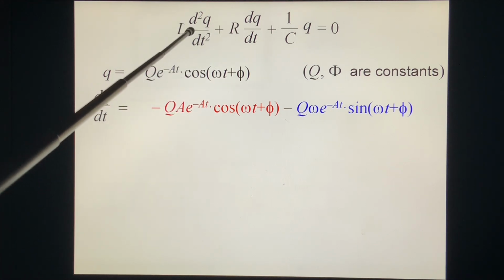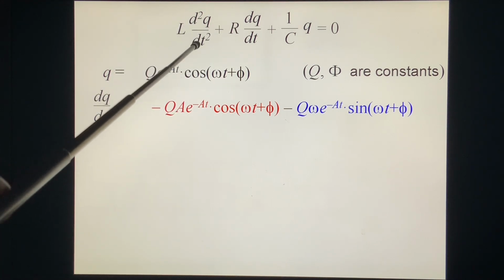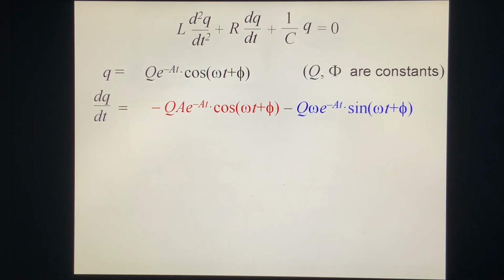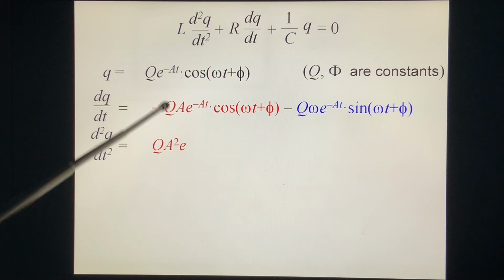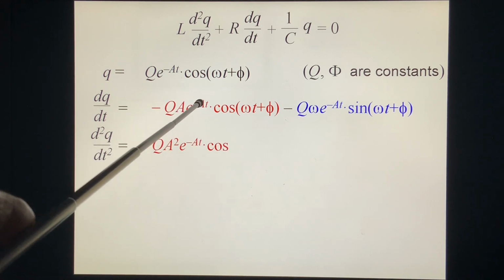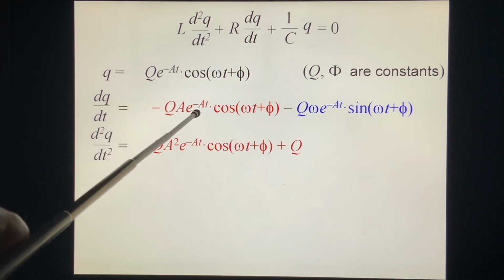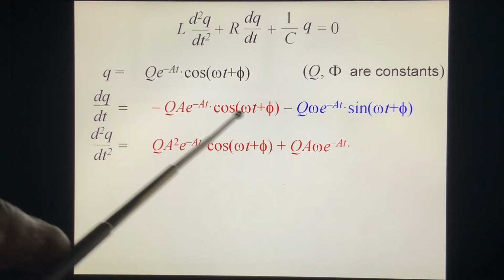We need to do it again, the second derivative with respect to time t. We do these two terms. The first term, you have minus again, so minus times minus is positive, Q A squared cosine.